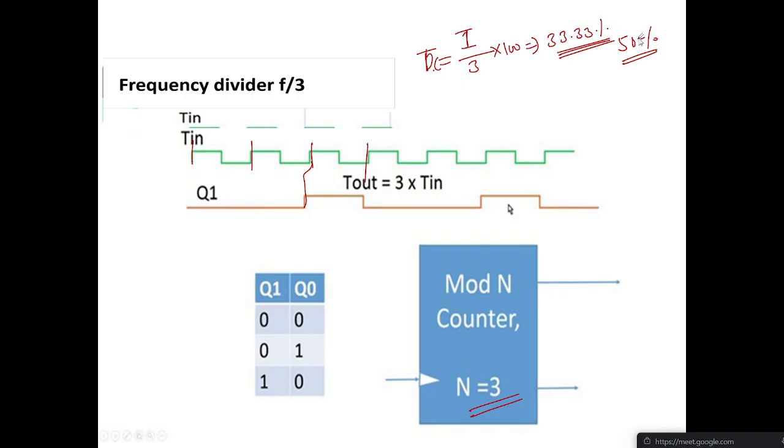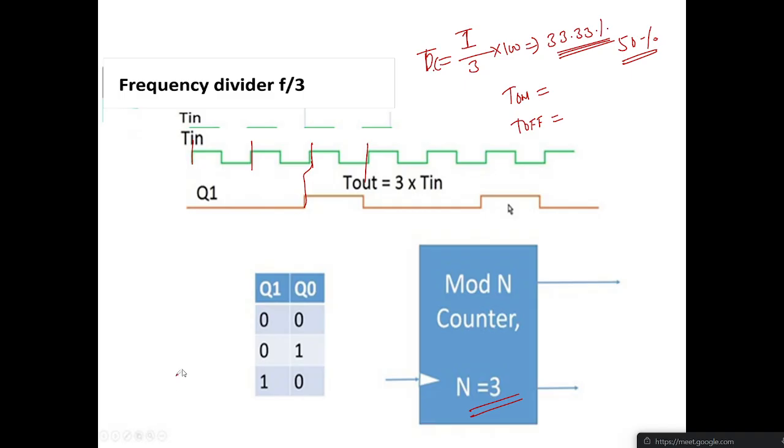But you want a 50% duty cycle. So for a 50% duty cycle, you need to alter the frequency by how much? T on should be how much and T off should be how much in order to get a 50% duty cycle?